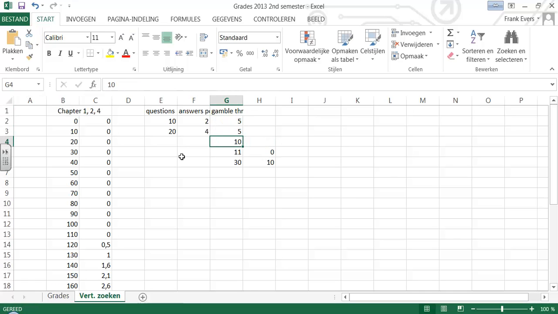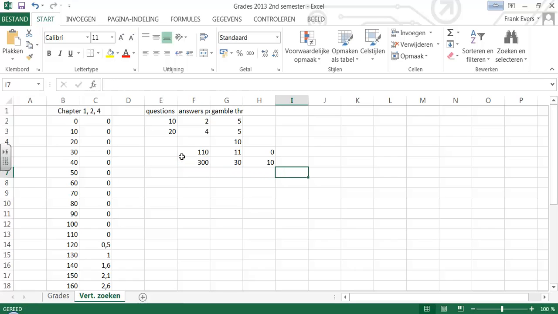So the gamble threshold is 10 for that, that's 5 plus 5 is 10. So the grading starts at 11, 11 being 0, 30 questions right is 10. So this would count as 110 points, and this would count as 300 points.